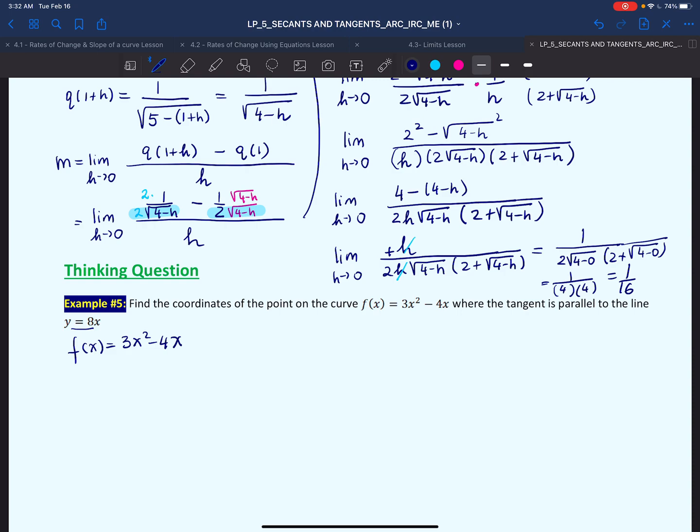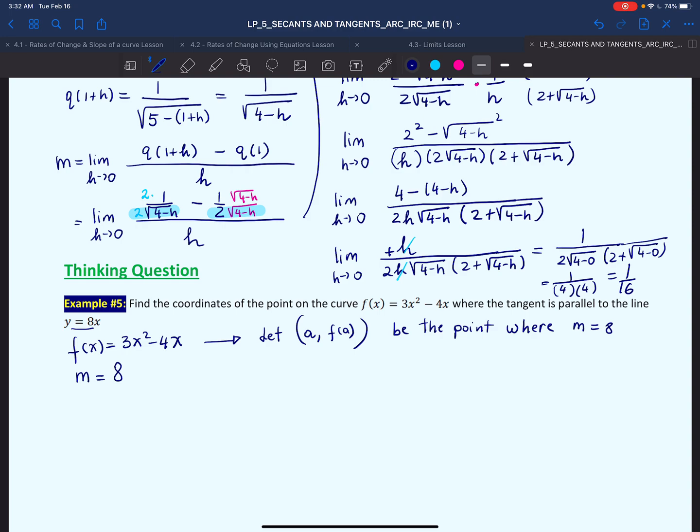That means we want to find the point where the tangent will have a slope of 8. So we're going to get started from the equation of the function, and let a, f of a be the point where the tangent is drawn with a slope of 8.